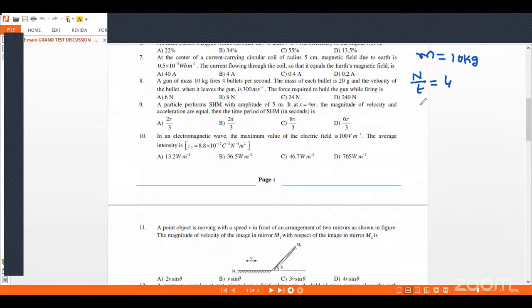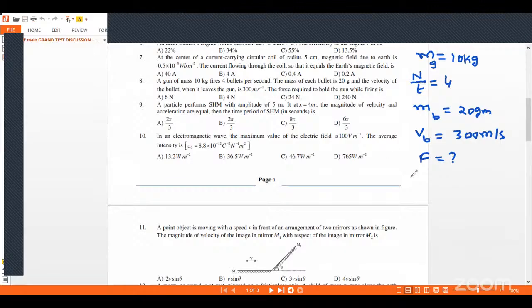Mass of each bullet is 20 gram. Velocity of bullet when it leaves the gun is 300 meter per second. We need to find the force required to hold the gun while firing.